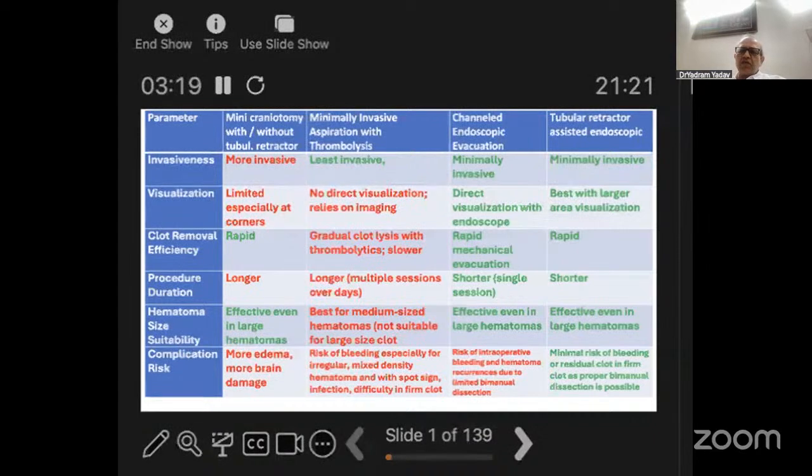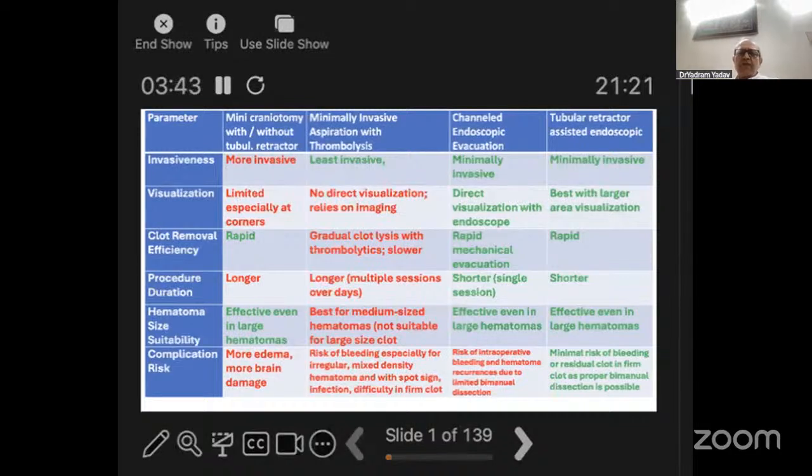Whereas channel endoscopic surgery, that means the endoscopic surgery in which the instruments are passed through the working channel, provides direct visualization, and there is a rapid clot evacuation, unlike thrombolysis or aspiration technique, and it can be used for large hematomas.